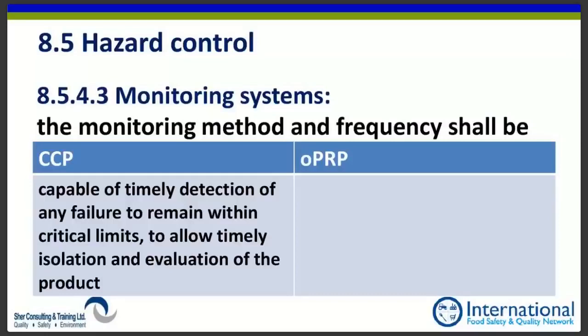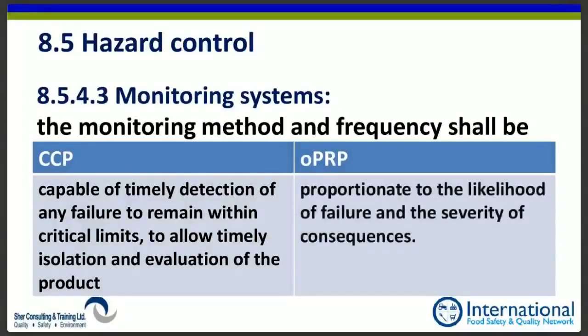The OPRP now says, and this is new, that the monitoring should be proportionate to the likelihood of failure and the severity of consequence. So it's a little more loose. Again, because there may be OPRPs that are not part of the process, that are more difficult to monitor regularly. They may be monitored once a day.